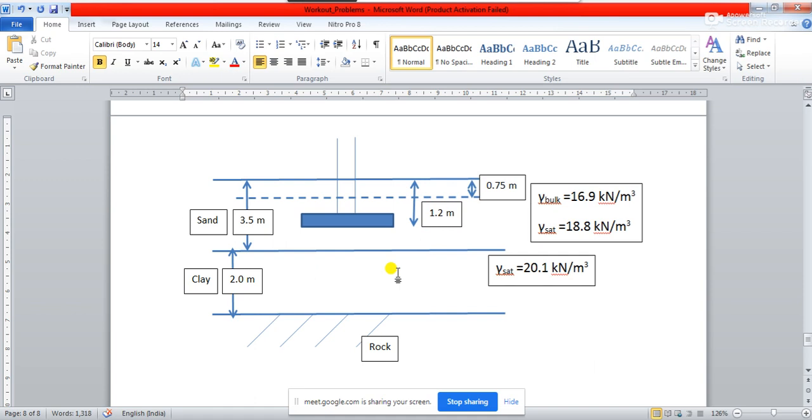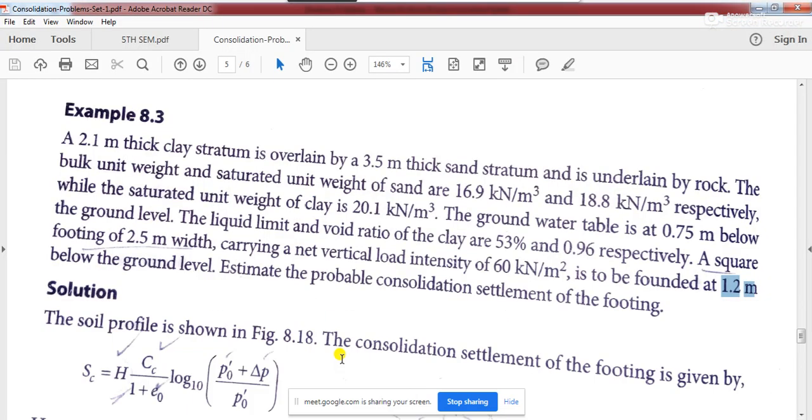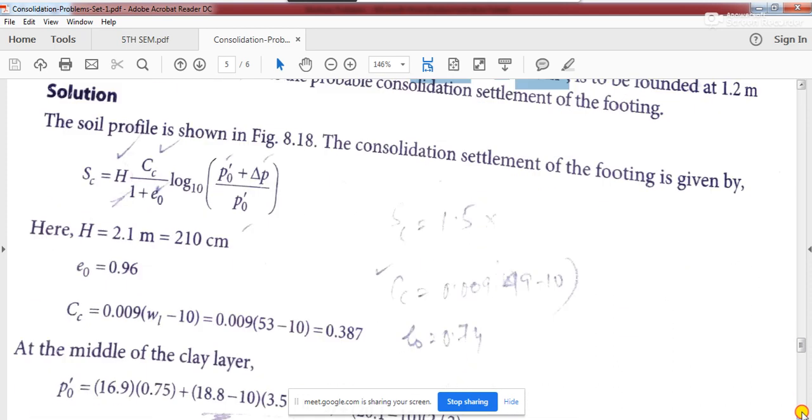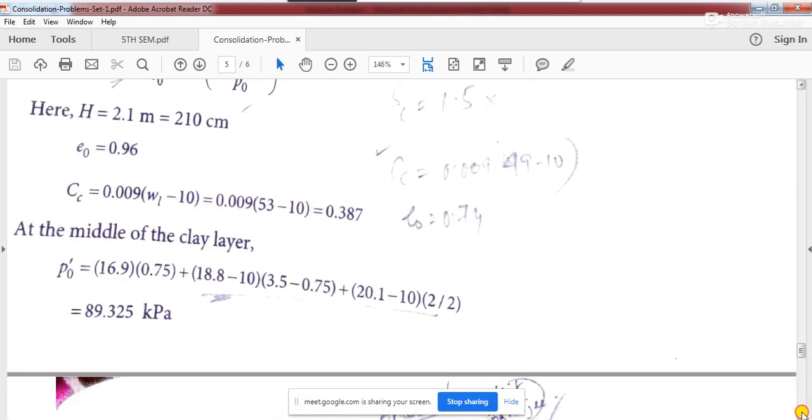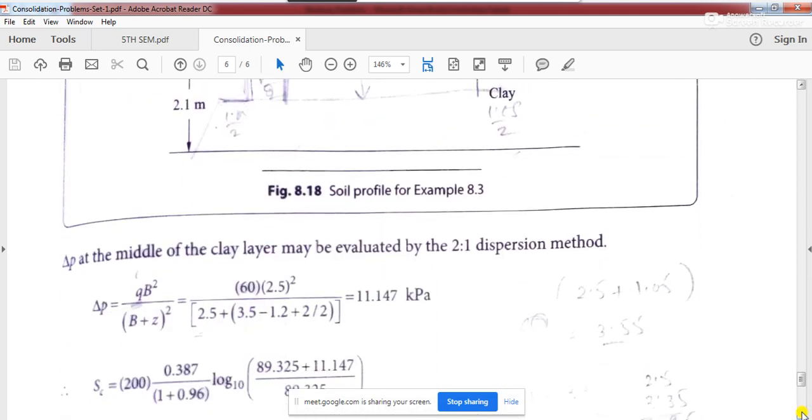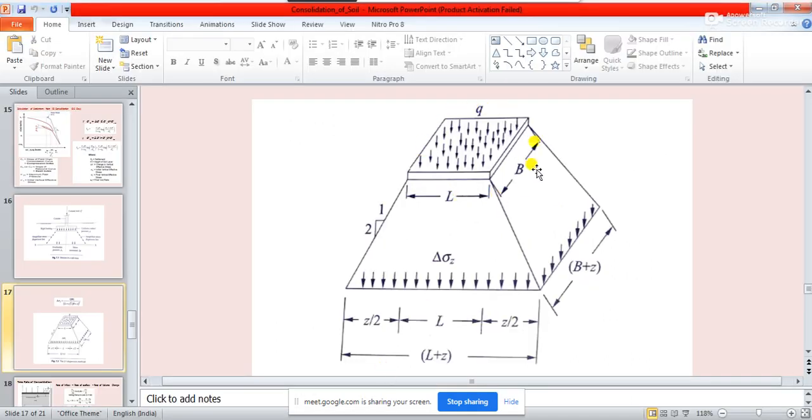Now let us come to the real consolidation problem. The footing is carrying a net vertical load intensity of 60 kilonewton per meter square. That means, if you observe this diagram, on this footing this is a distributed kind of load.